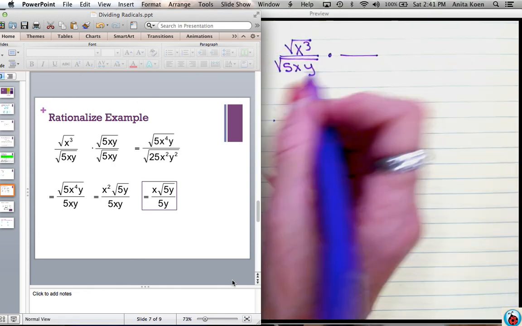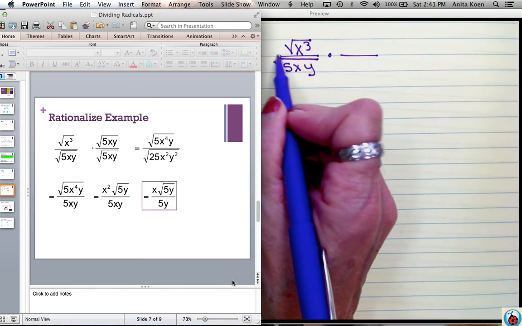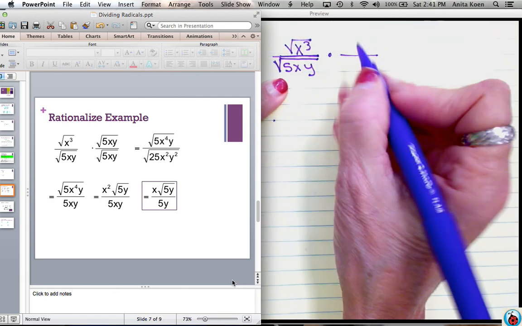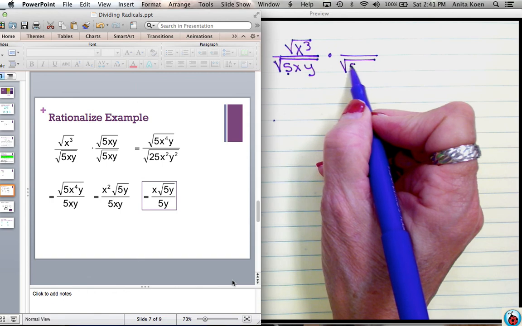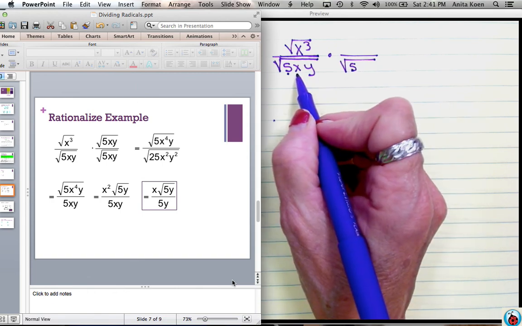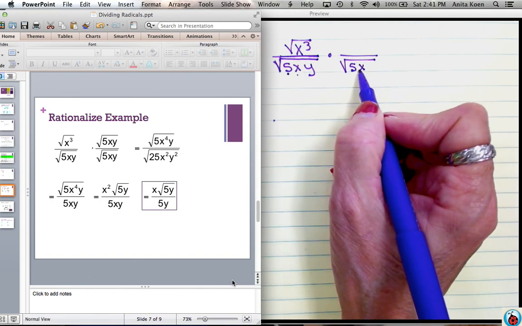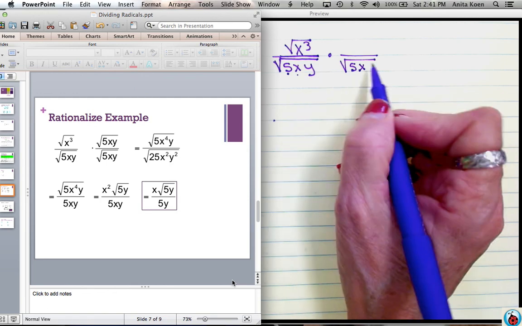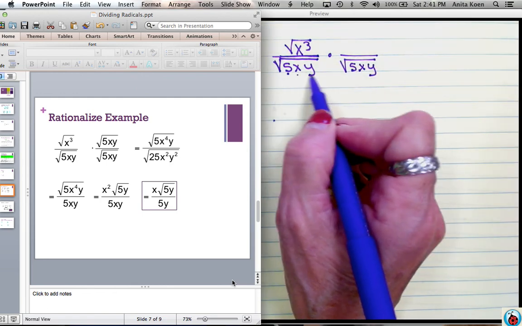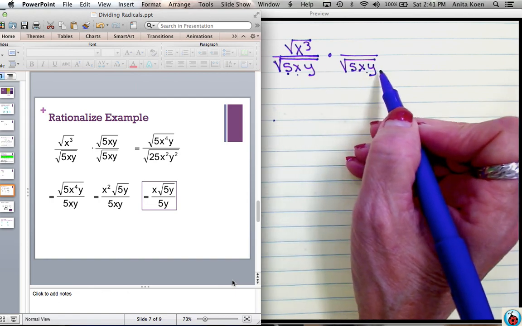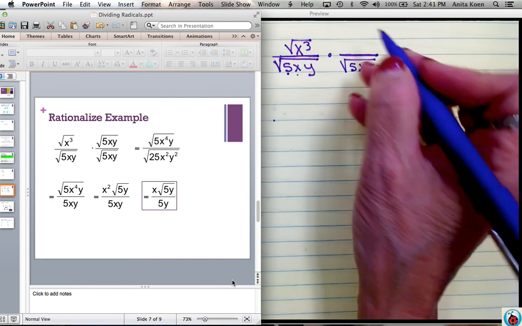The problem is this square root in the denominator. What do we need to pair up with this 5? Well, it needs another 5. What do we need to pair up with this x? Well, it needs another x. What do we need to pair up with this y? Well, it needs another y, because all three of those are under the radical, and they all need a partner in order to get out from under the radical.